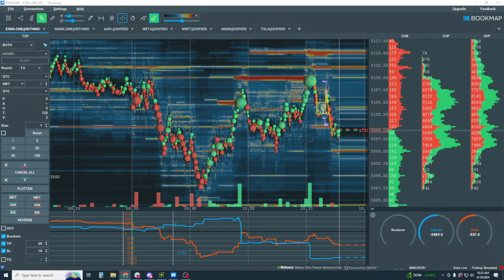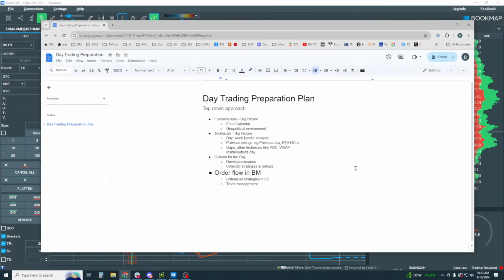All right, so now it's on to a really important part for the day, which is to develop scenarios, an outlook, where we think price may go. Okay, and we'll then look for the order flow in Bookmap to tell us that scenario is starting to unfold, and that's the direction that we want to go.